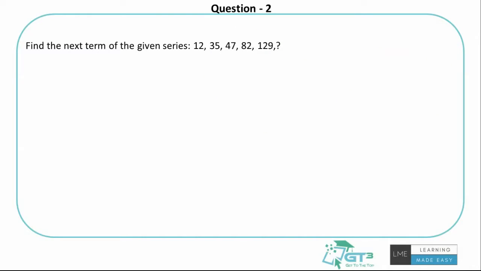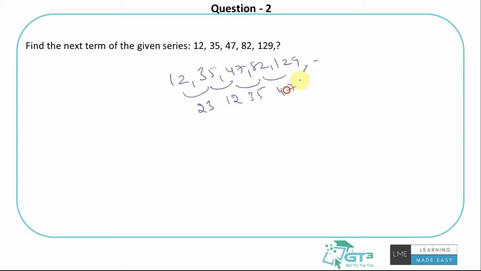Let's look at the next one. Find the next term of the given series. So this is the series 12, 35, 47, 82 and 129. I need to find the next term. So again, I'll start off with the differences. 12 to 35, 23 is the difference. This is 12 and this would be 47.